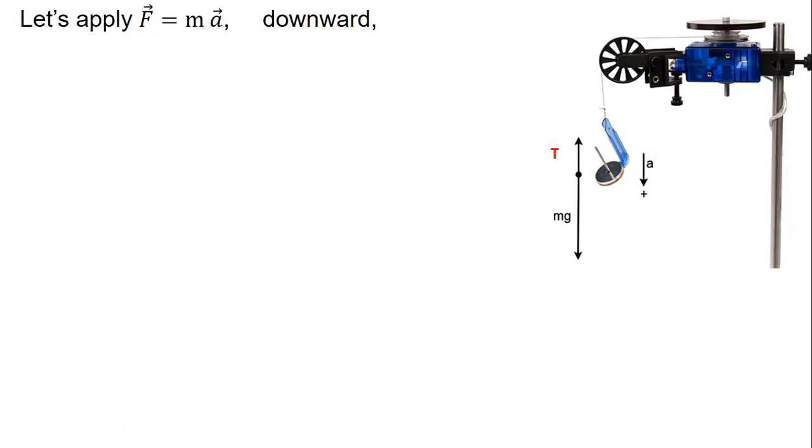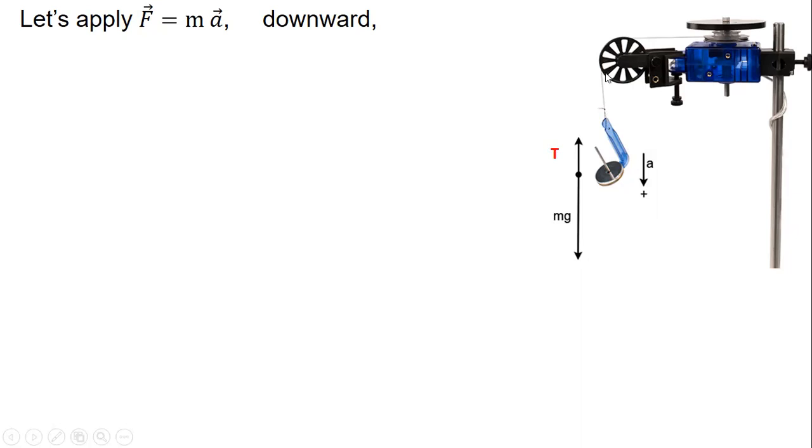Anyway, just assume that the weight is falling straight down, and here we can apply F equals ma, because this mass is moving linearly downward, right? So we can apply Newton's second law, F equals ma downward. Now we need to know what the forces acting on this mass are. The weight of the object acts downward, which is mass times gravity, mg, the weight of this hanging mass.